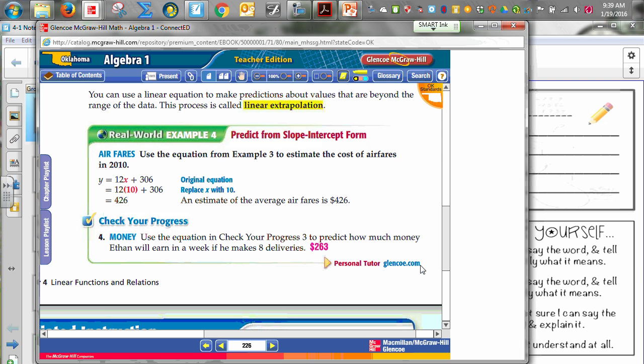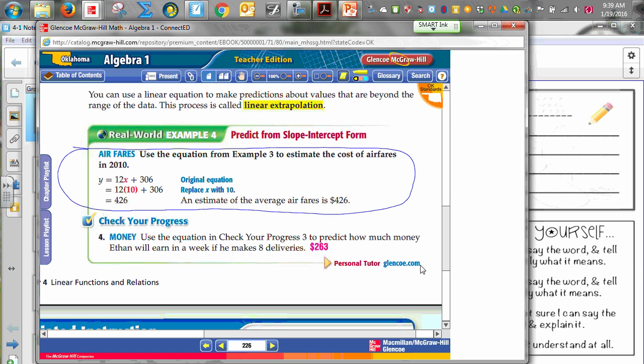And now for your illustration, what I would do is put this part right here, that example right there, for your illustration. Basically what that is, once you get everything in slope-intercept form, then you're going to sub a number in for which variable? Everybody look at that example real quick.